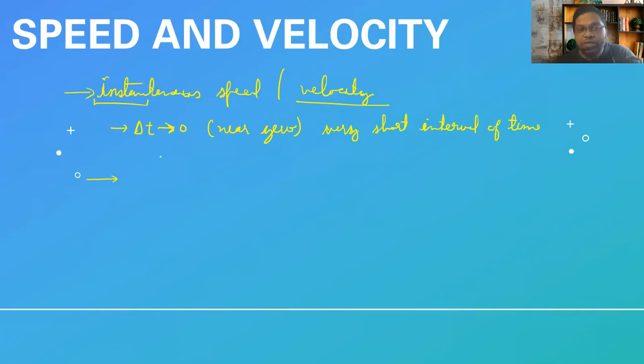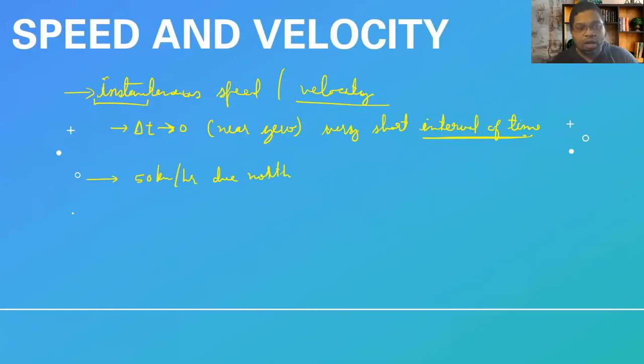So that will give you instantaneous velocity. So 50 kilometers per hour due north. Okay, so that's instantaneous velocity for you. So this is an important term. That means the speed or the velocity is calculated in a short interval of time.